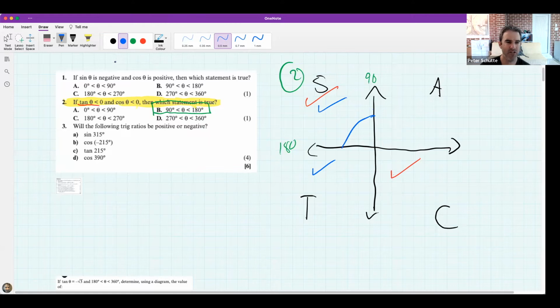Okay. Let's try and do question 1. I feel like this question can still help us. If sine of theta is negative and cos of theta is positive, then which of these statements is true? I'm giving you another chance to think about this idea. Which one do we think it's going to be?